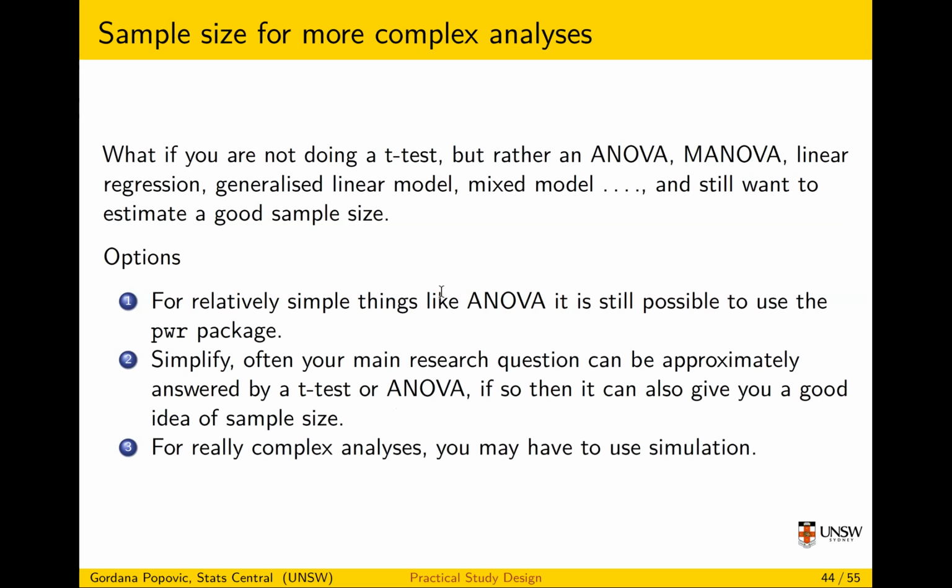Gordana, there is one quick question on the paired in the chat. Would it work if I only knew that school influenced the outcome? It would still work. It depends how much it influences the outcome. So it would be hard to calculate the exact effect of that. Well, you wouldn't be able to calculate the change in power if you didn't know the exact effect of the correlation, or at least you couldn't estimate it.